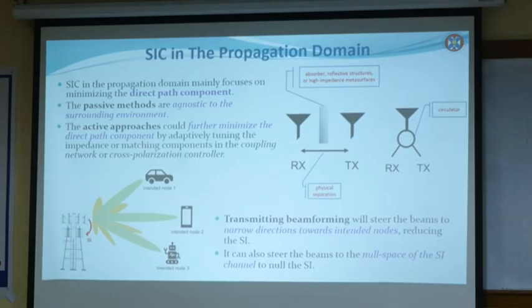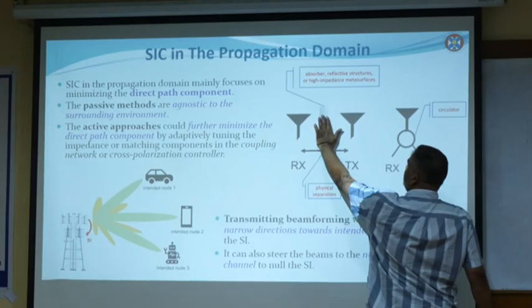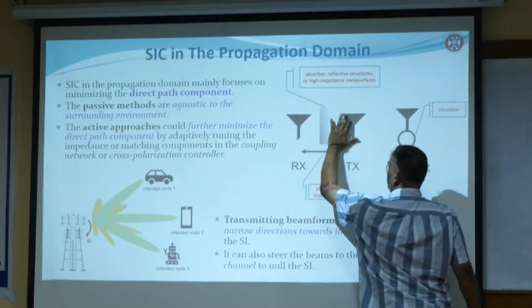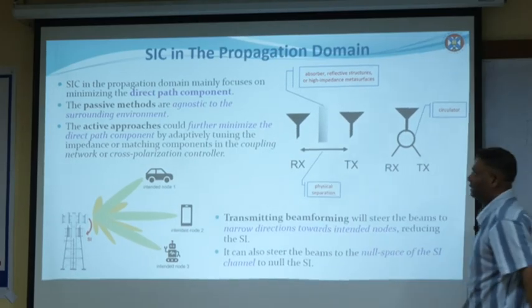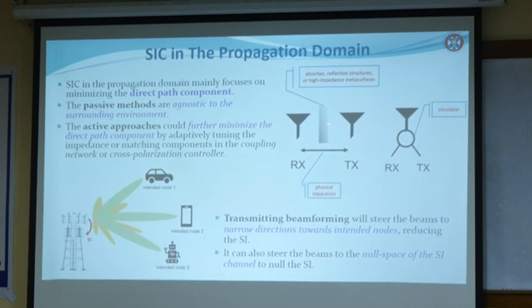Here is an example. Self-interference cancellation in the propagation domain mainly focuses on minimizing the direct path. For example, this is the transmit antenna and this is the receive antenna. You can put some absorber material here to stop the direct path from going from here to here. This is mainly to stop the direct path.